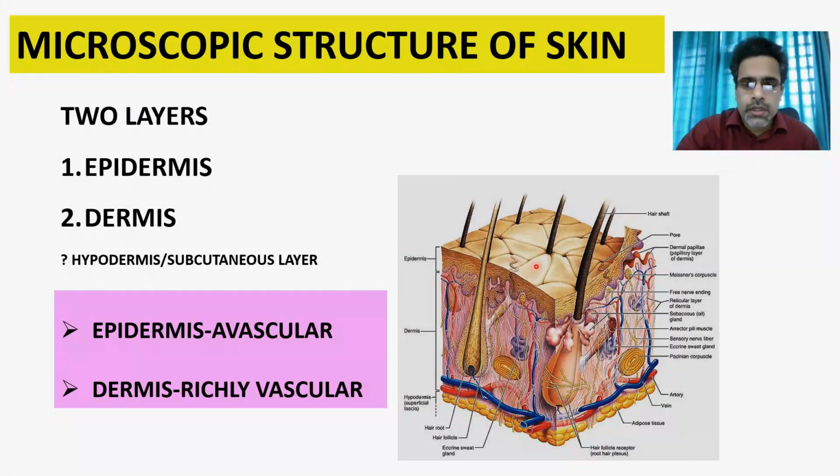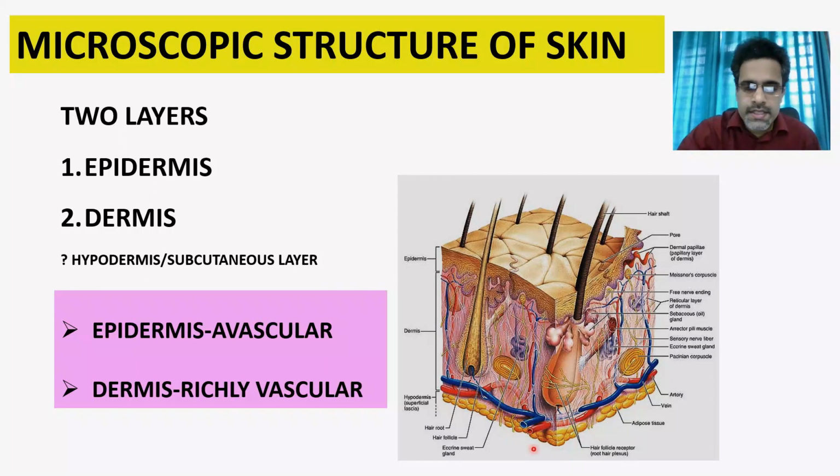Now let us enter the topic, microscopic structure of the skin. Remember, skin can be divided into two layers. The outer layer is called the epidermis, and the inner layer is called the dermis.